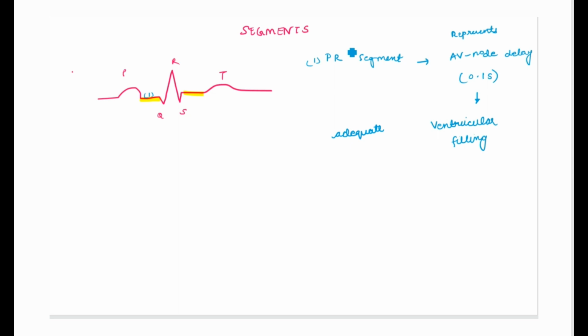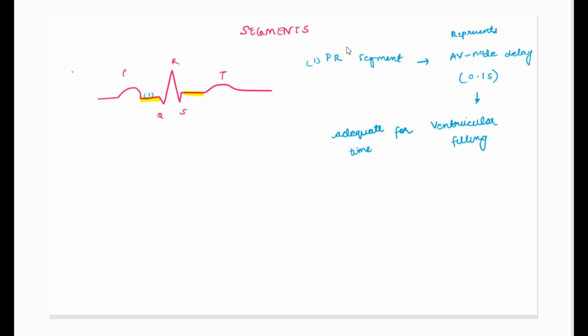The second segment is the ST segment, also known as the J point. The ST segment is from the end of the QRS complex till just before the onset of the T wave. Can you see from the ECG paper?